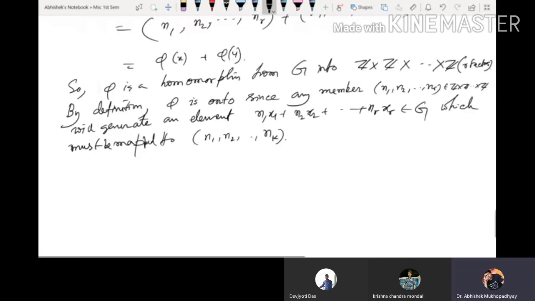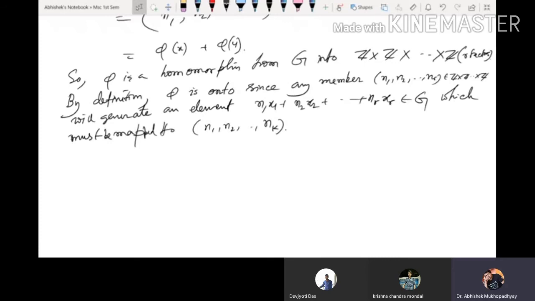Thus we see that phi is an onto homomorphism.